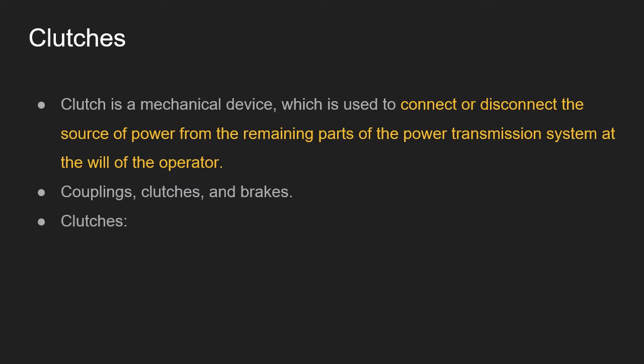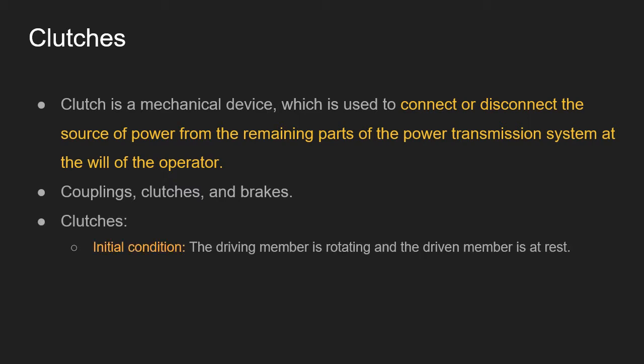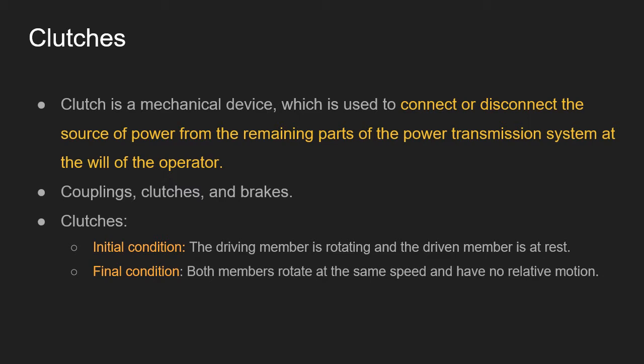All right. So clutches can be described further with respect to their initial and final condition. Initially, when you press the clutch pedal, the driving member will be rotating. That is, your engine shaft will still be rotating, but the transmission system or the driven member is at rest.